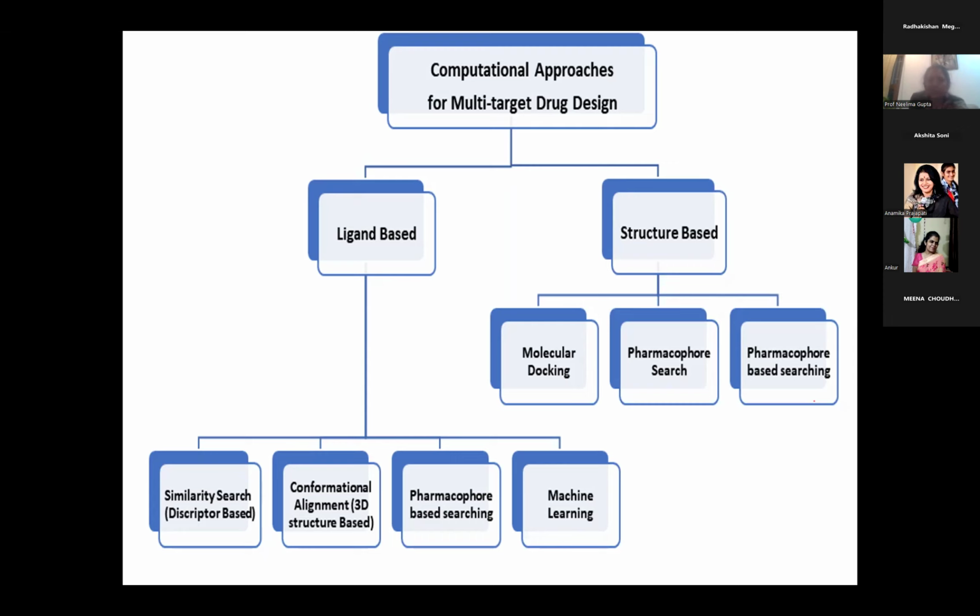The drugs which were already approved for other diseases were tested for the coronavirus, because the time consumed during the studies for their toxicity or the other things, one doesn't have to spend. So here, for the identification of multi-target approach, again, the same two types of studies may be taken up, the ligand-based or the structure-based, and the different types of approaches are shown here.